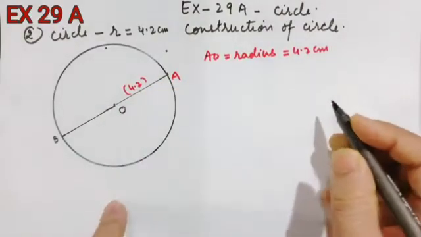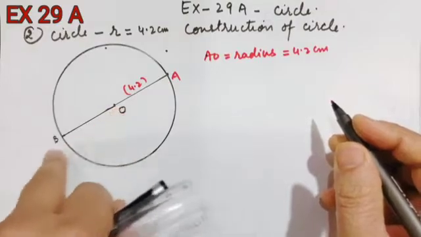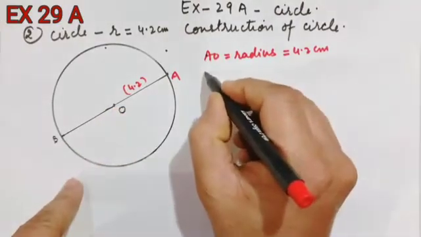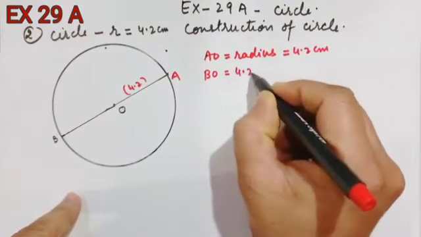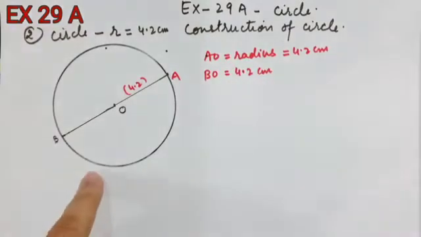Clear? Therefore, BO will also be equal to 4.2 centimeter. Why? Because it is also the radius of the circle.